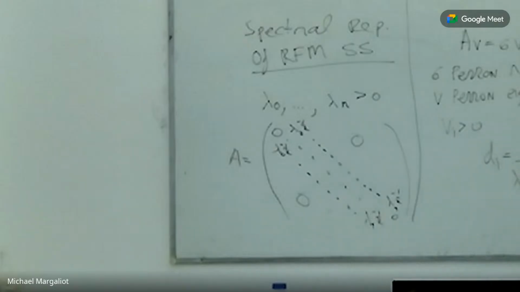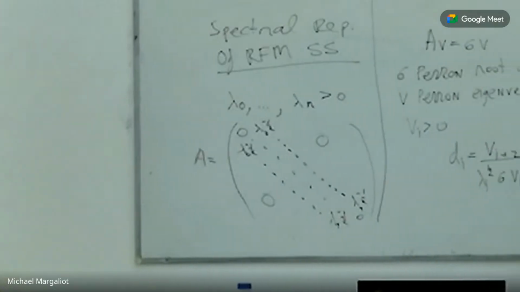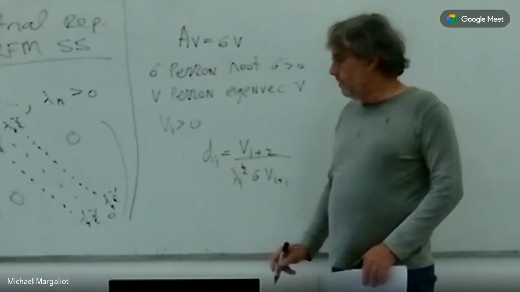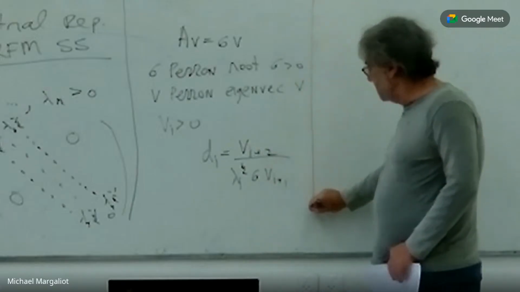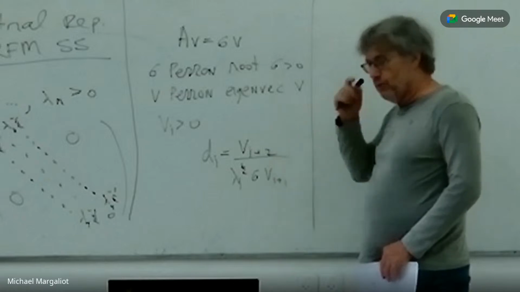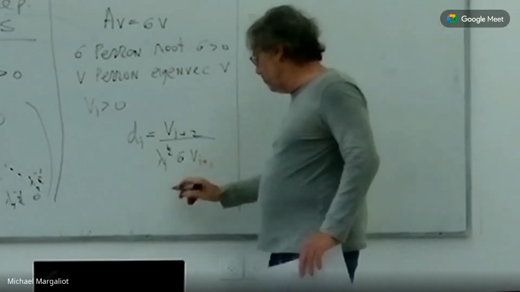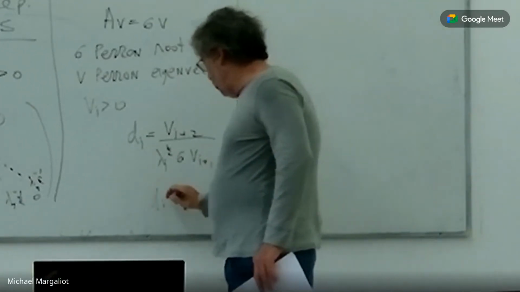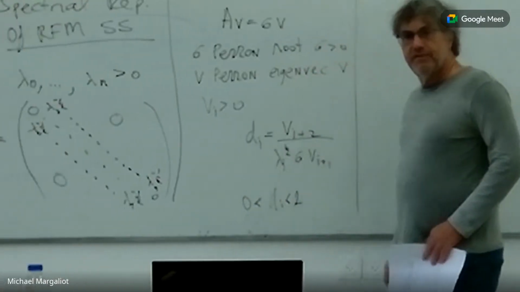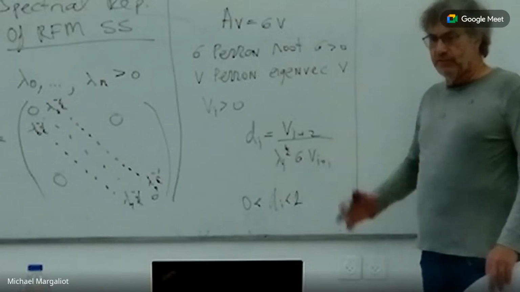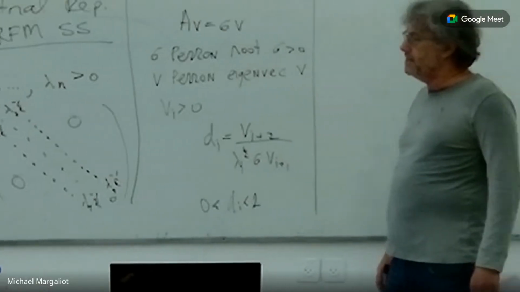After we did these manipulations, we got to the conclusion that these d_i's are all between 0 and 1, and they satisfy the same set of equations as the e_i's.